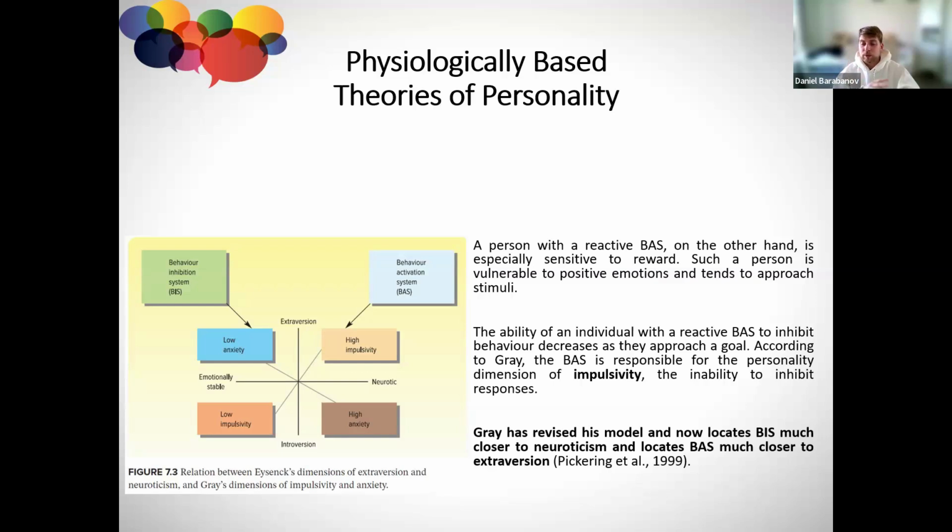So in his later revisions of this model, Gray supposed that those two dimensions shift a bit and have less difference between extroversion and impulsivity and less difference between anxiety and neuroticism.